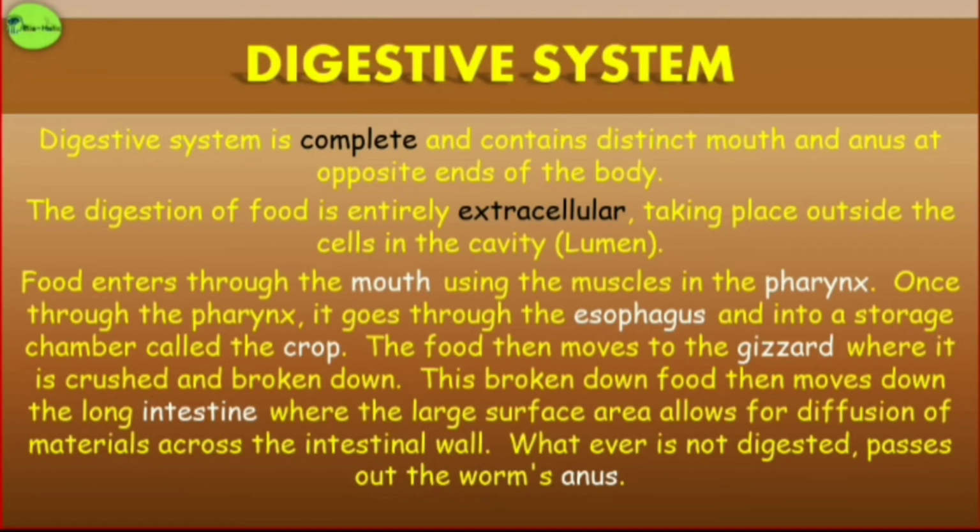So you can say that the gizzard is a kind of machine which helps to break down the food particles of annelids. Then this broken down food moves down to the long intestine, where the large surface area allows for diffusion of materials across the intestinal wall, and whatever is not digested passes out through the anus.